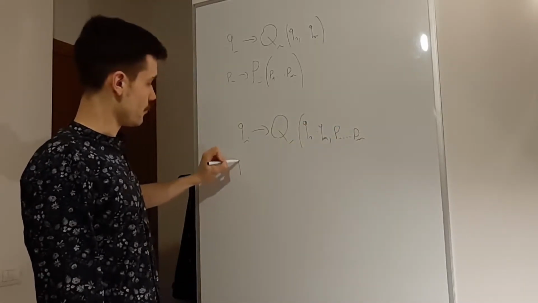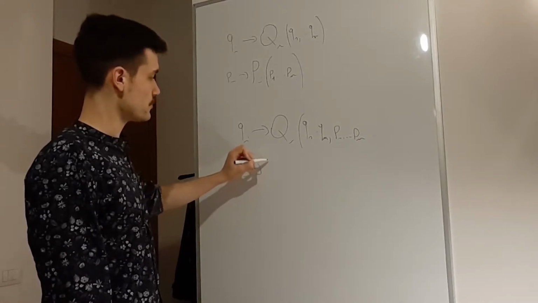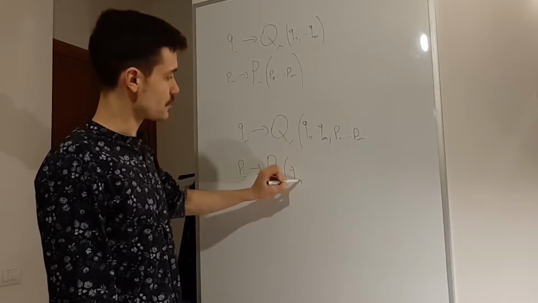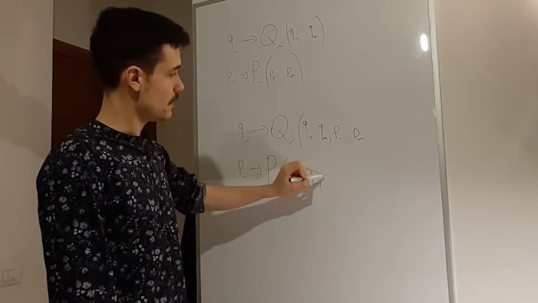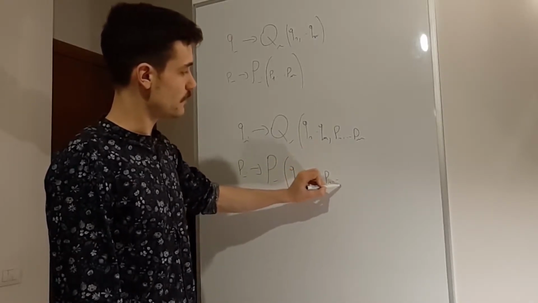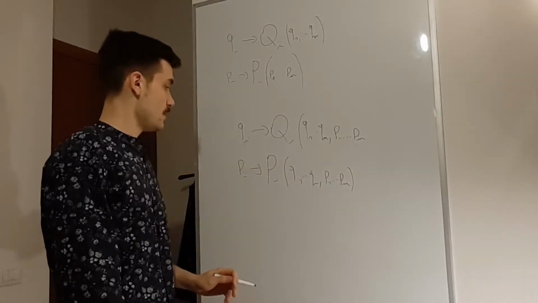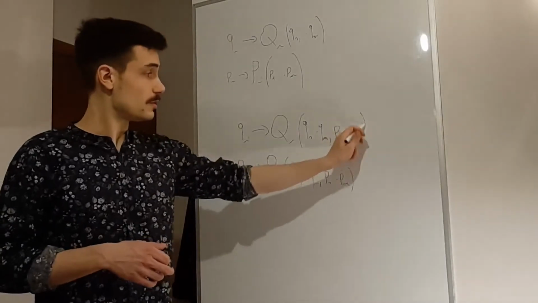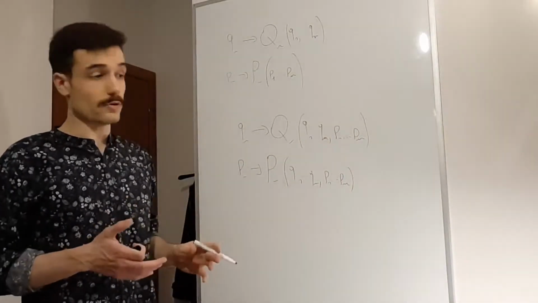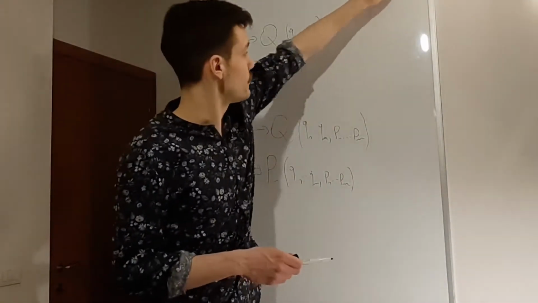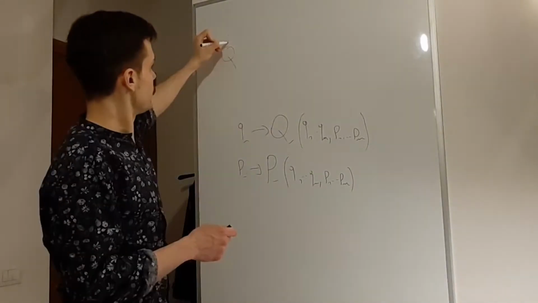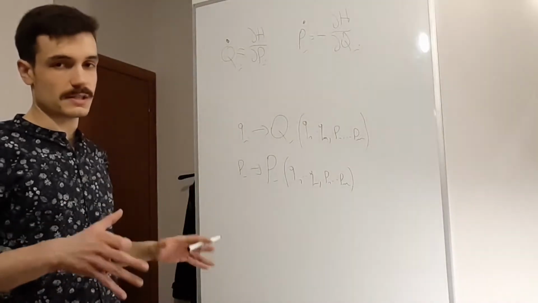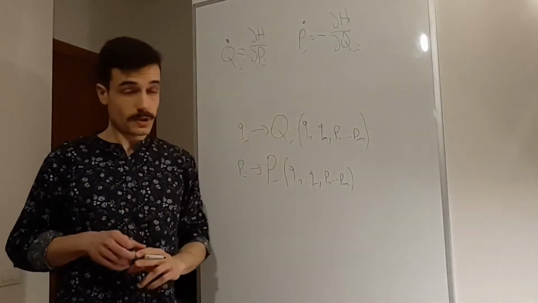And the same thing, of course, for the momenta, where we pass to a function of positions and of momenta. This transformation is called canonical if the Hamilton equation doesn't change its form. So under this transformation, this must still hold true. The Hamilton equation must stay in the same form.